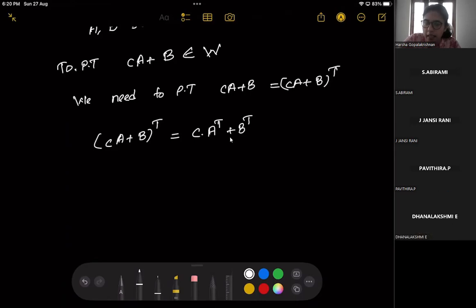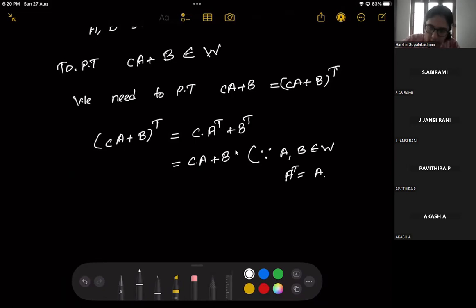Now, what is A transpose and what is B transpose? A transpose is A and B transpose is B. What is the reason? Since A and B belong to W and W is the set of all symmetric matrices, correct?